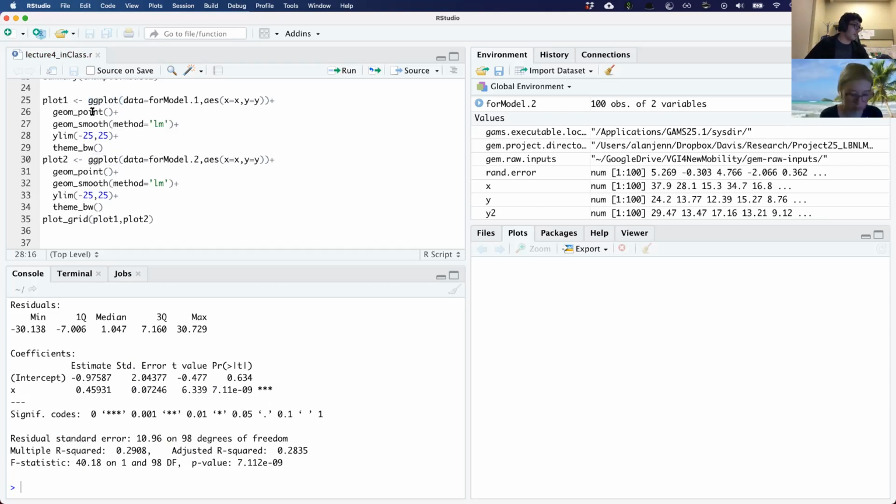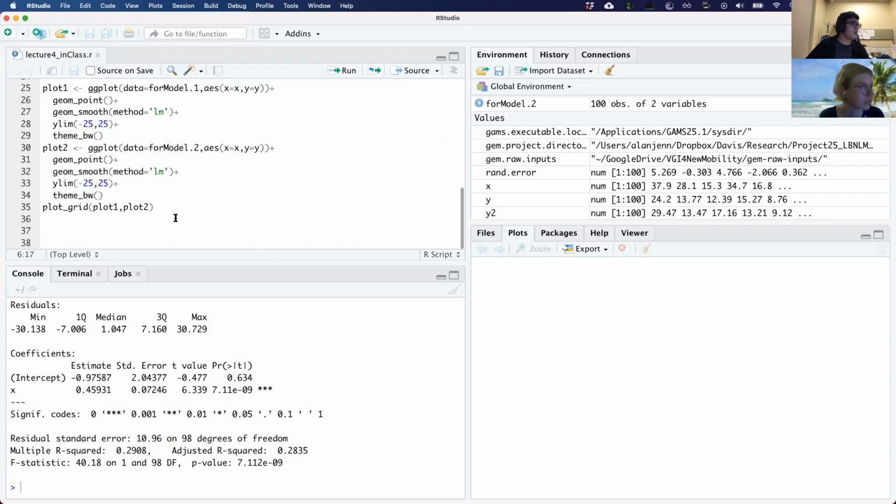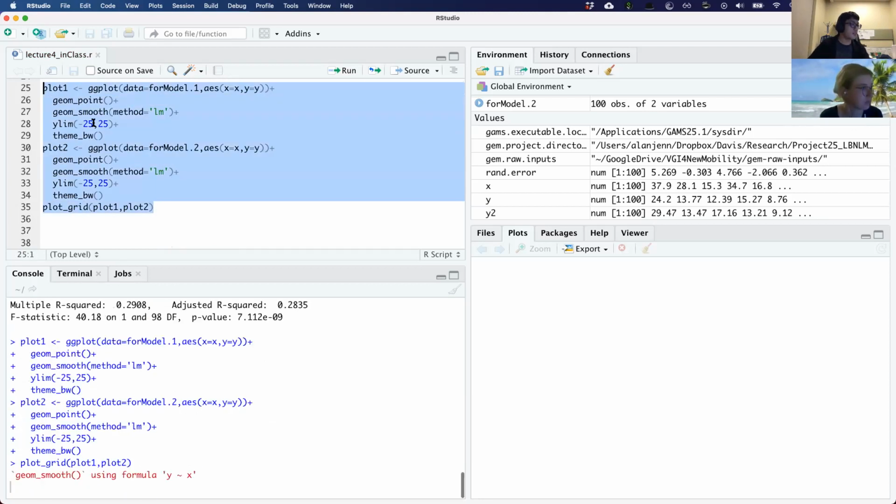But if folks are interested, I'd be happy to cover it later. One package that I didn't talk about at the beginning is cowplot. I use it because it has a nice feature that allows me to plot things into a grid, so I can do side-by-side comparisons. So I can show what that looks like if I run this.